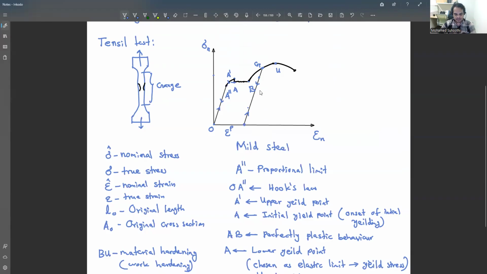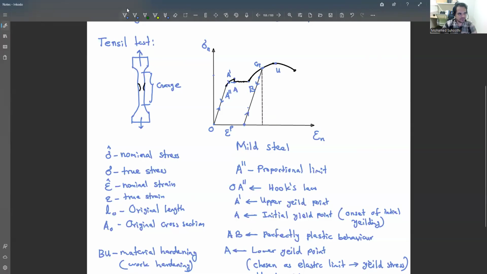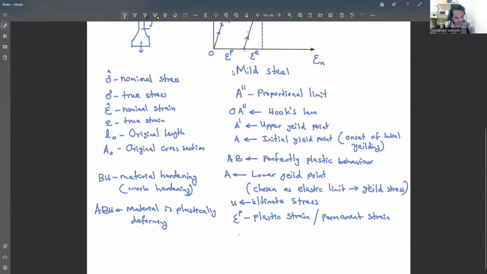So it is going here, coming here, before reaching point E. Therefore this portion we define as elastic strain, the recoverable strain. And this one is the total strain.